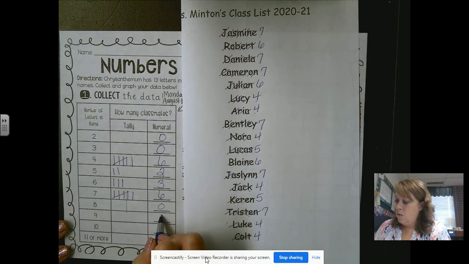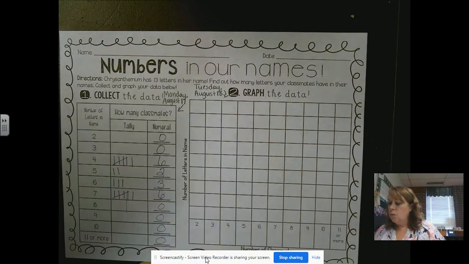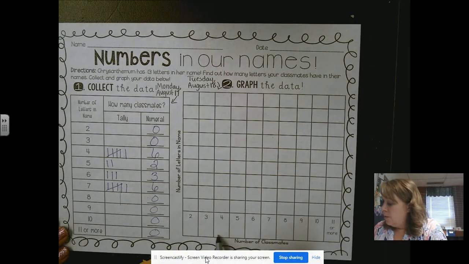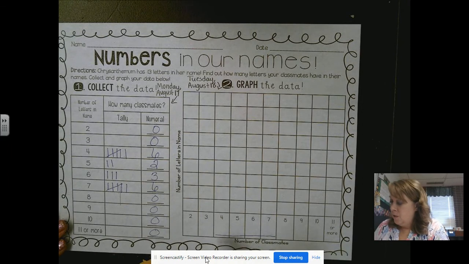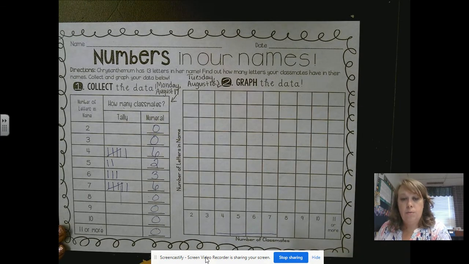And then we have zeros for 8, 9, 10, and 11 or more. So when we do our graph, we are only going to fill in for 4, 5, 6, and 7 because we don't have any other numbers of letters in people's names in our classroom.